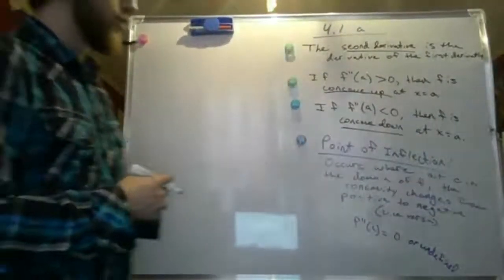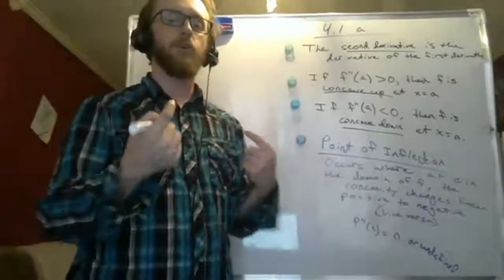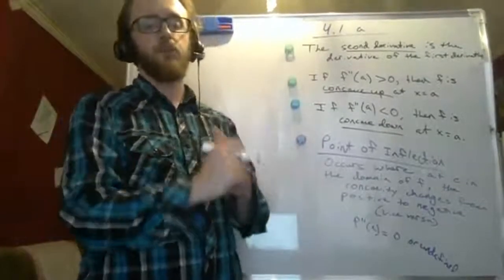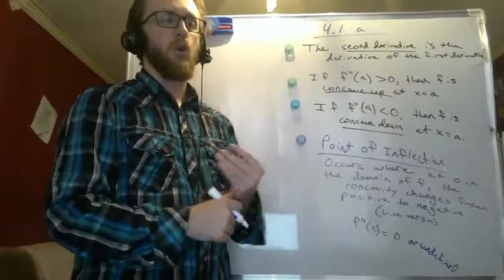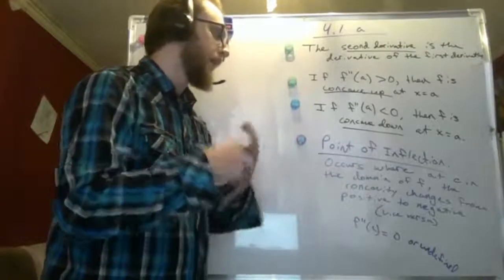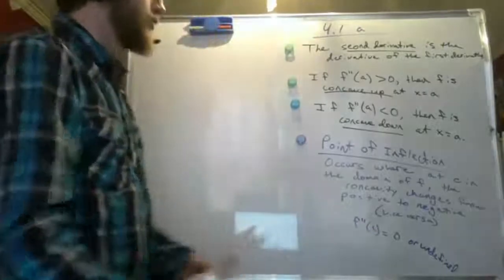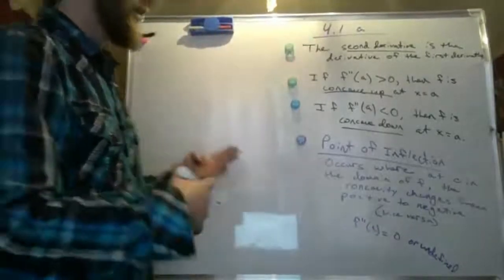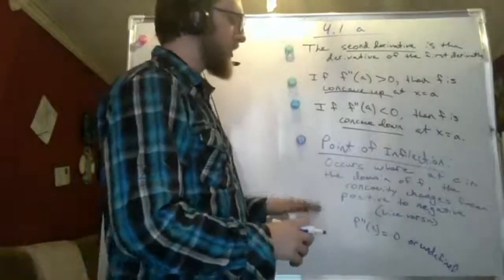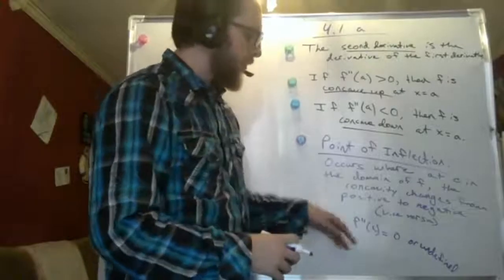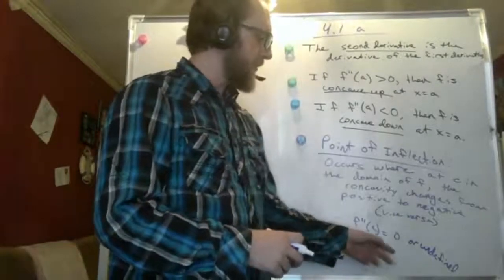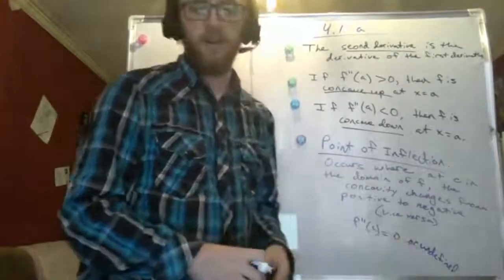Which goes back to our definition for critical points. If you recall, a critical point is where the first derivative is 0 or undefined. In this case, we're looking at the second derivative, but it's still important. If we're trying to locate these points where concavity changes sign, then we have to look for where the second derivative is 0 or undefined.